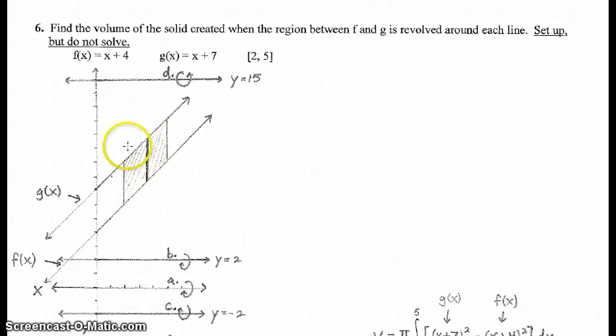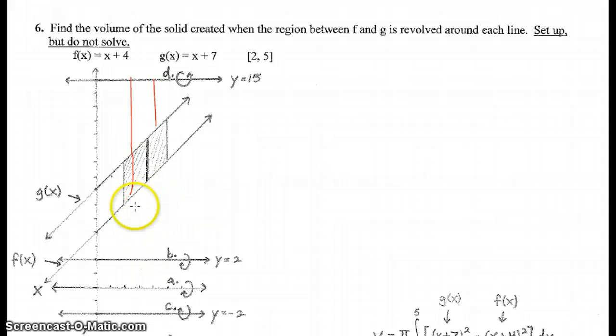So if I'm looking at this region here and I want to revolve it up around y equals 15, now my f function is farther away than my g function. So my f function becomes the outer radius.